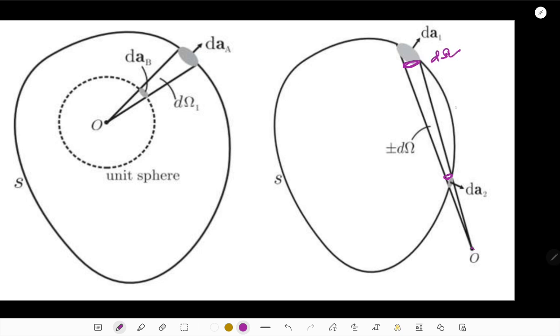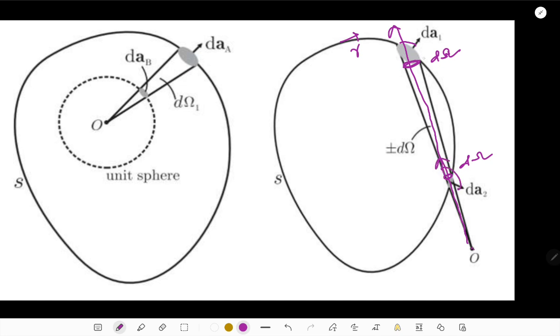So both solid angles are the same in magnitude, but there is one thing: this solid angle is negative and this solid angle is positive, because you are going to draw a position vector like this, and here the angle is acute, and here the angle is obtuse.